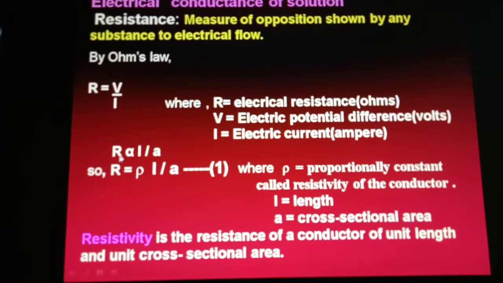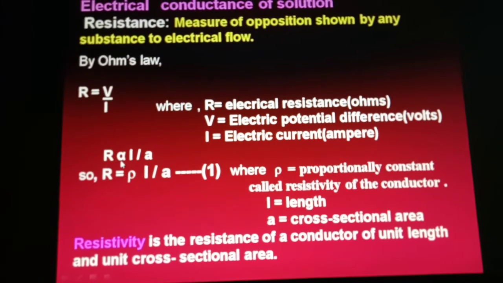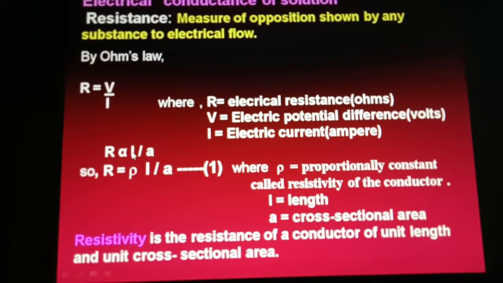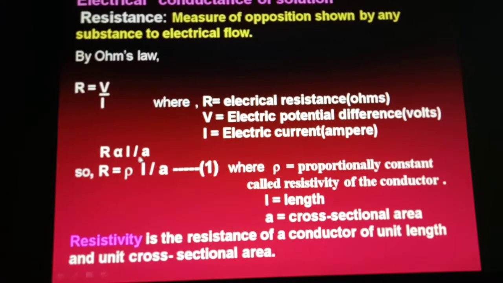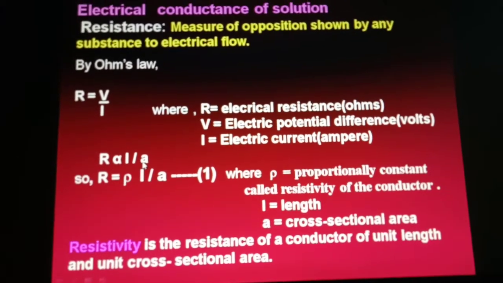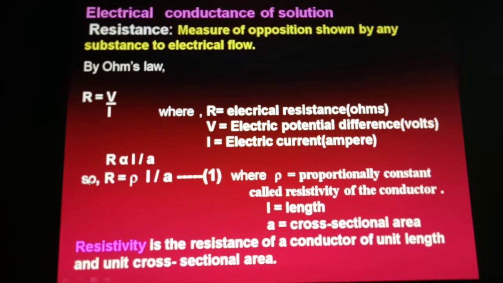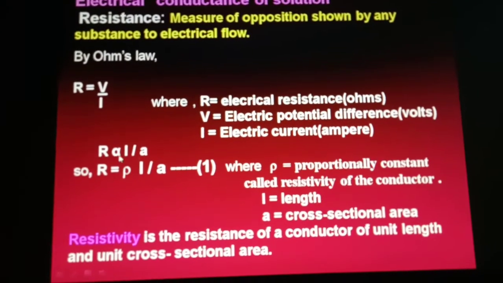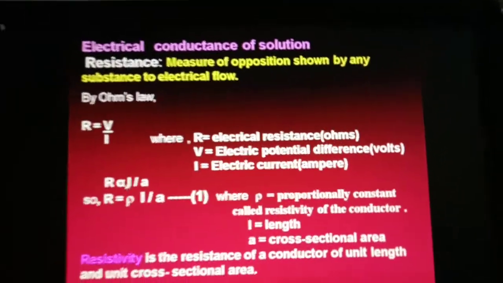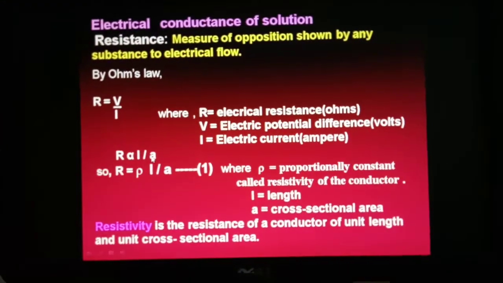Now, the resistance of a conductor is directly proportional to the length of the conductor and inversely proportional to the area of cross section of that conductor. Therefore, we write the relation as R proportional to L upon A.